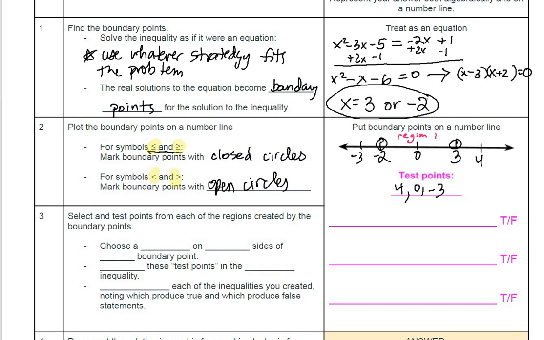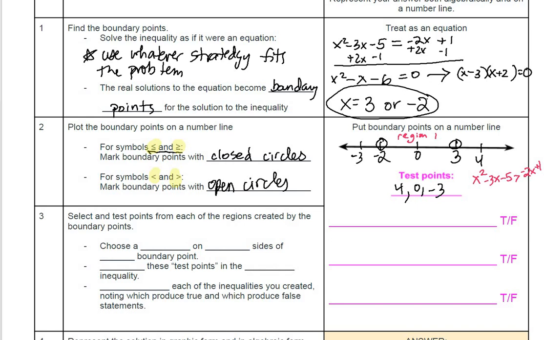To test that, I plug them into my original inequality. You can't see it on the screen, so I'll write it again. My original inequality was x squared minus 3x minus 5 is greater than negative 2x plus 1.